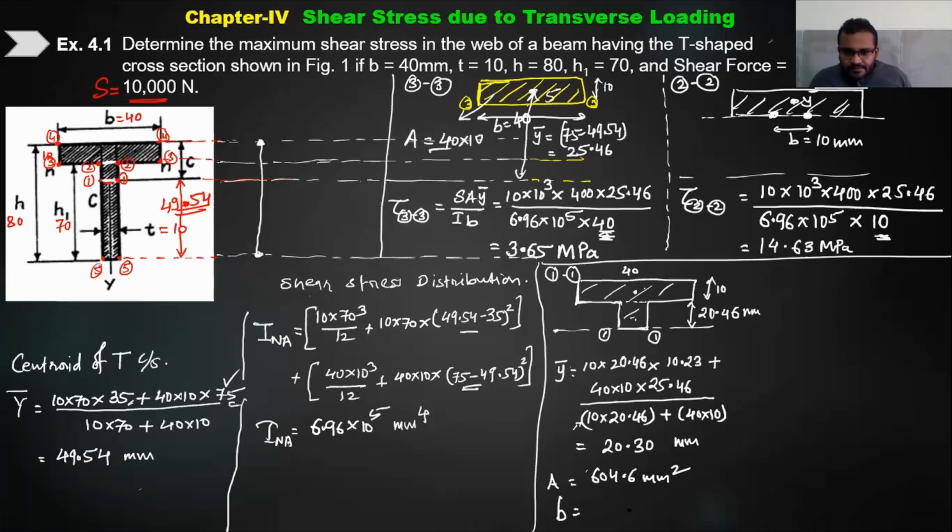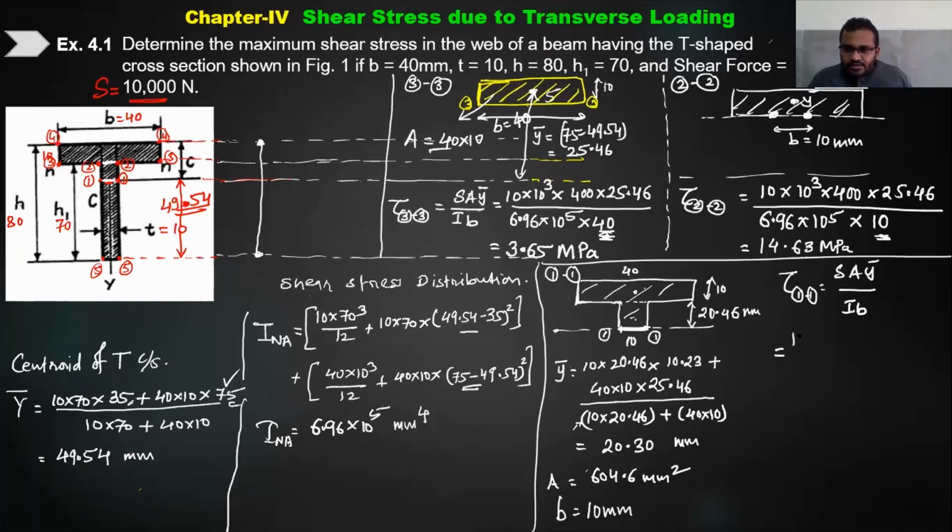वो तो 10 ही है. ये सेक्शन का width कितना है? 10 mm बराबर. So therefore now can you calculate the shear stress at location 11? Formula is S A y bar upon I into B. ठीक है, तो अभी मैं सब्स्टिट्यूट करने के लिए इधर लिखता हूँ.